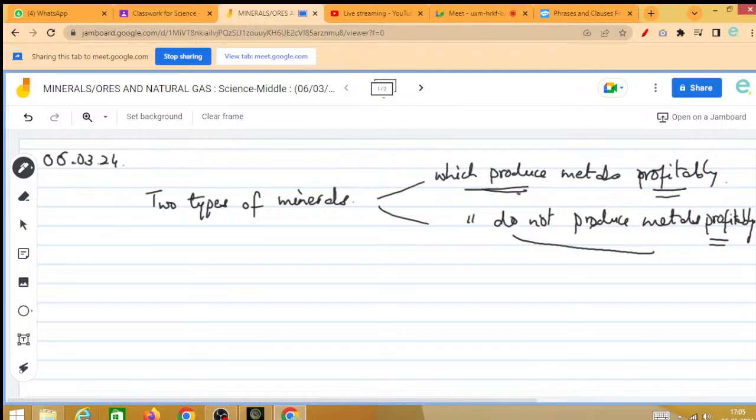What do you mean by profit? Profit means money, to get something. Have you done profit and loss in maths? Yes, ma'am. Okay. To get something more than you have spent.